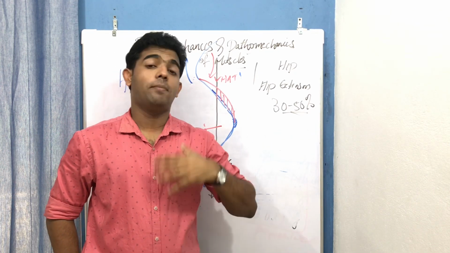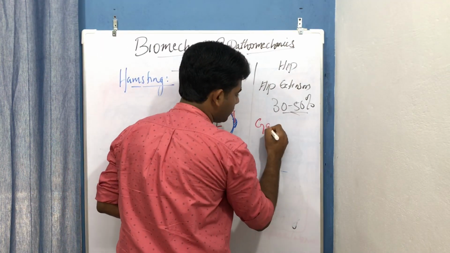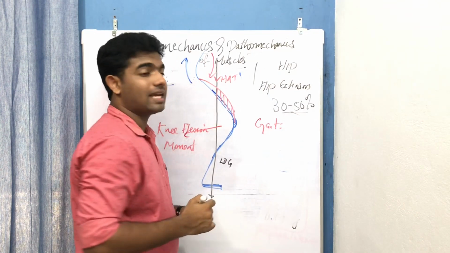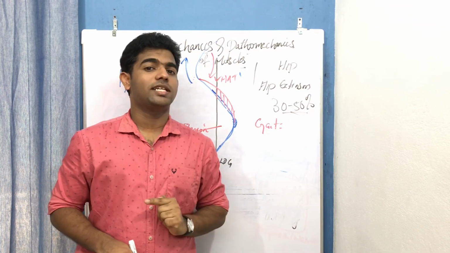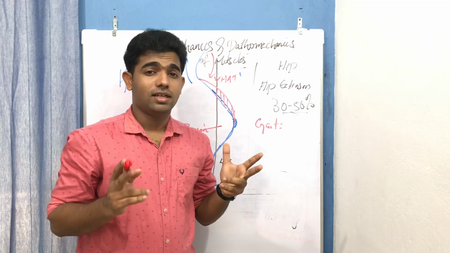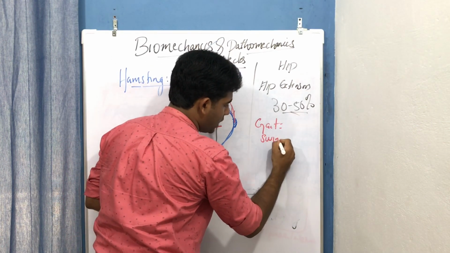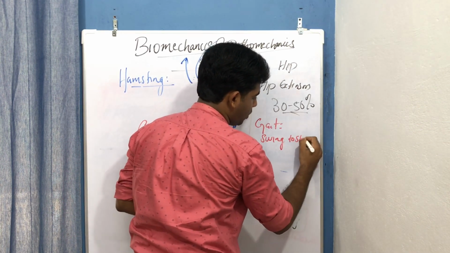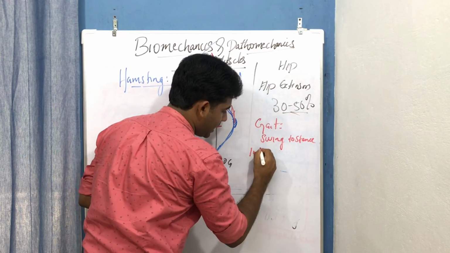Yes, and the hamstrings are very much active in gait, right? The hamstring muscles have a significant role in gait. Can you predict which role in the gait the hamstring has? Any idea? The hamstring has activity from swing phase to stance phase.